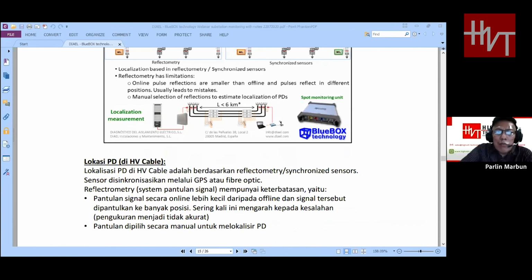Refleksiometri atau sistem pantulan sinyal mempunyai keterbatasan, yaitu pantulan sinyal secara online akan lebih kecil daripada offline, dan sinyal tersebut dipantulkan ke banyak posisi. Seringkali ini mengarah kepada kesalahan pengukuran menjadi tidak akurat. Pantulan dipilih secara manual untuk melokalisir PD.